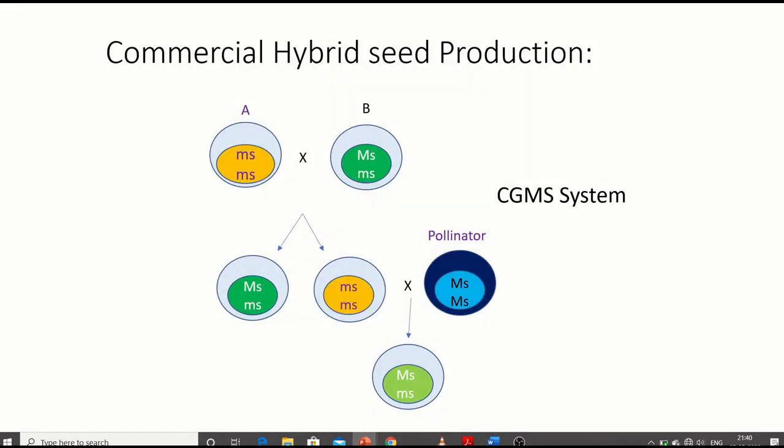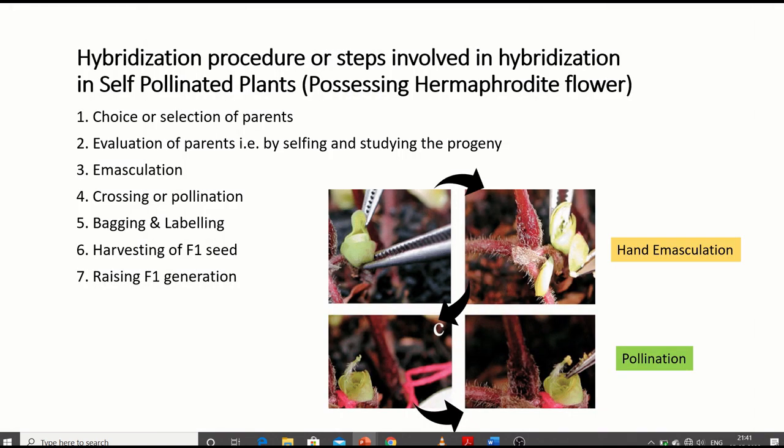Next thing is when you're supposed to produce commercial hybrid seeds, instead of F1 hybrid. So this method of hand emasculation and pollination is sometimes used in private companies, but it is not usual.